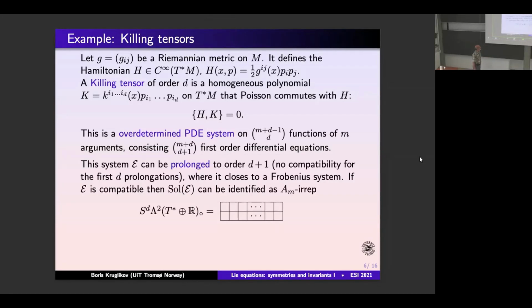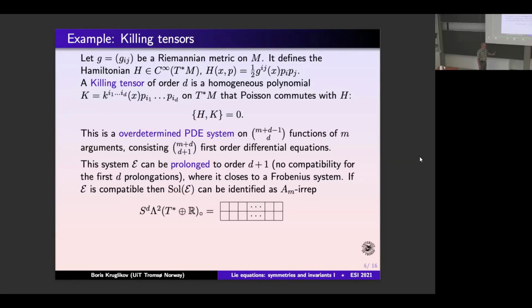We can prolong the system up to d plus 1. There will be no compatibilities for the first d prolongations, and then it closes to a Frobenius system. So you get the compatibility condition precisely at the level where it becomes Frobenius. It's just the first compatibility conditions, and you have to check those, maybe later. But already at this step, you can see the maximal space of solutions.